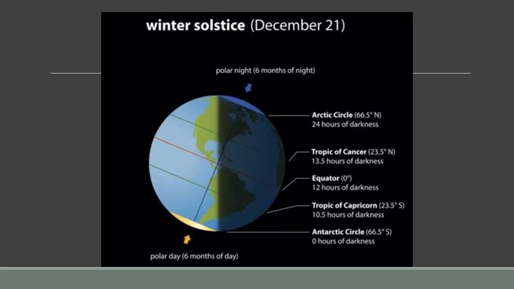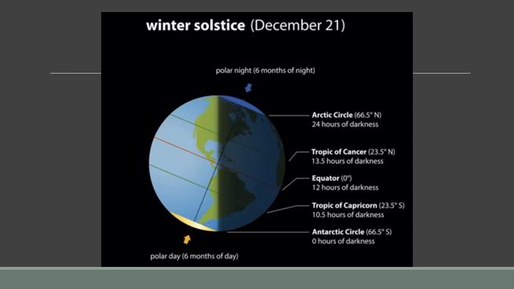Then at the Tropic of Cancer, it has 13.5 hours of darkness. The sun rays are less, so there will be 10.5 hours of day and 13.5 hours of darkness. Then the equator, it has 12 hours of darkness and 12 hours of daylight. Then the Tropic of Capricorn.